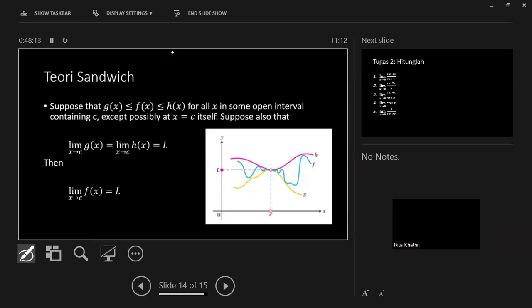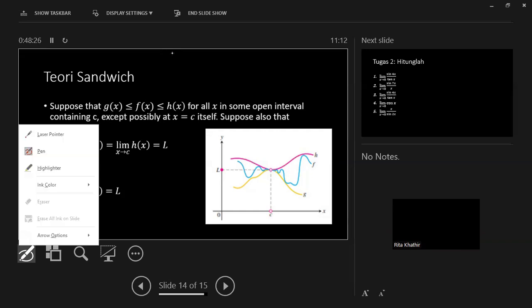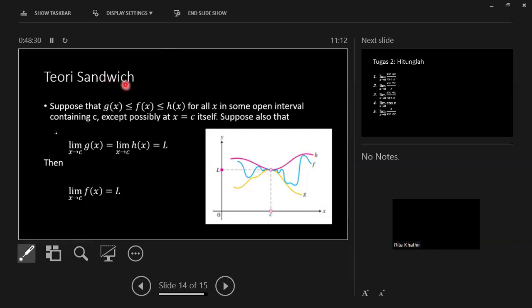I think we had also discussed this case, the sandwich theorem. Suppose that the function g of x is smaller than or equal to f of x, which is smaller than or equal to h of x, for all x in some open interval containing c, except possibly at x equal to c, because maybe we can have a different value there. Maybe it has a discontinuity.